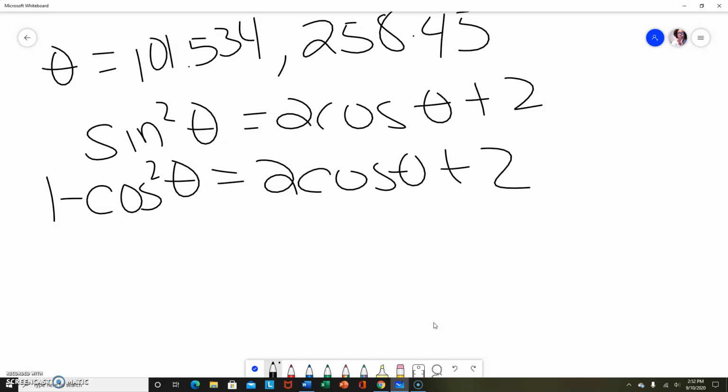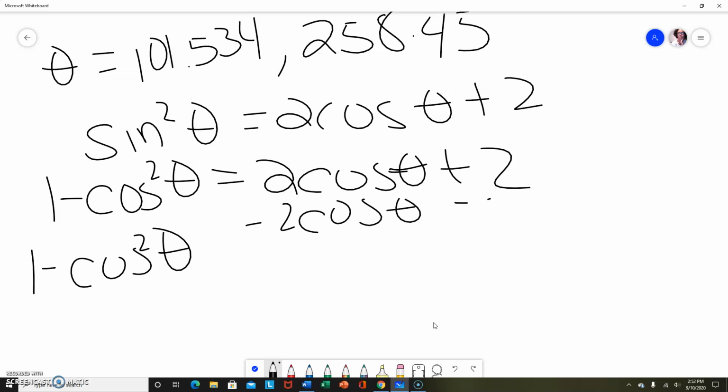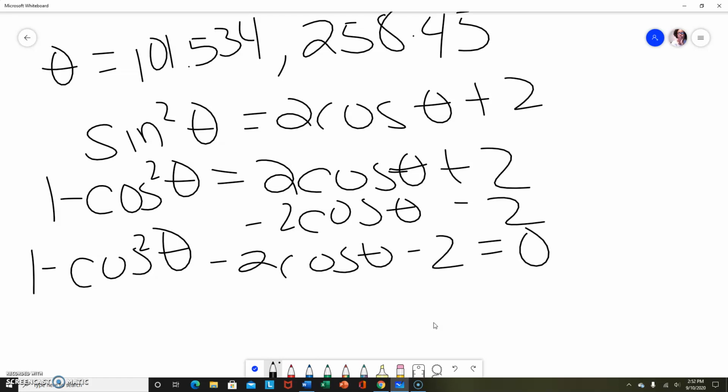So I'm going to move everything to one side, and I'm going to solve it just like it's a quadratic equation. And I'm saying that I'm solving it like a quadratic because I have that square value, and that square value is kind of like my quadratics, right? So I have 1 minus cosine squared theta, and basically I'm just subtracting this entire side, right? So I get minus 2 cosine theta minus 2 equal to 0.